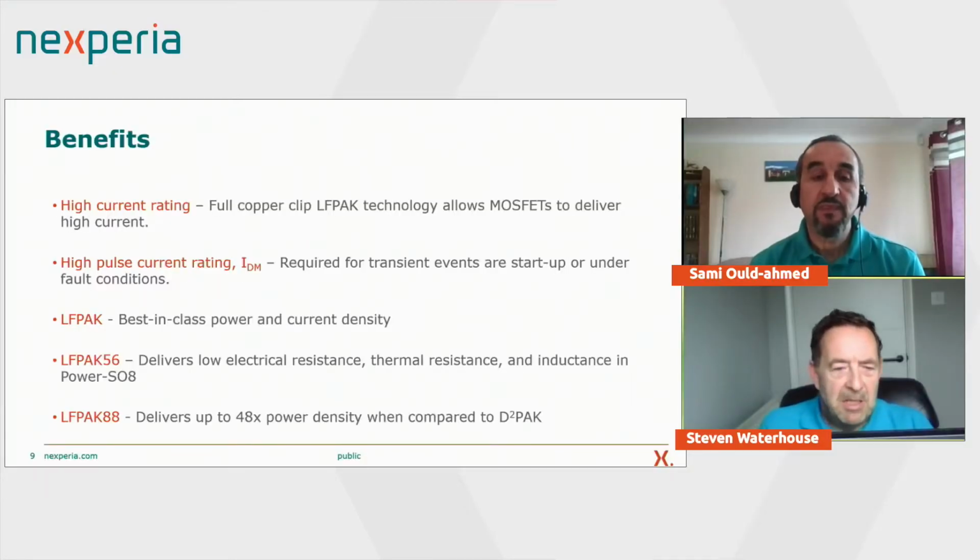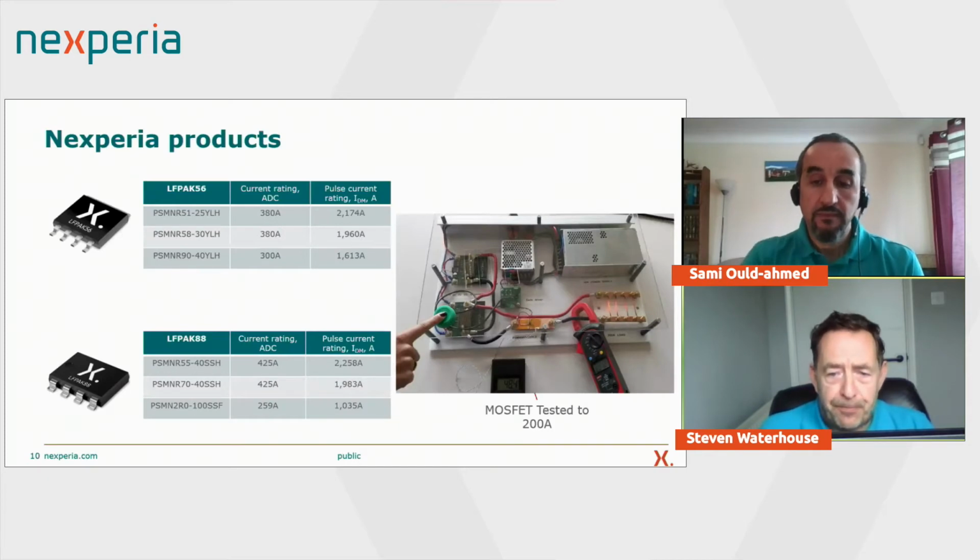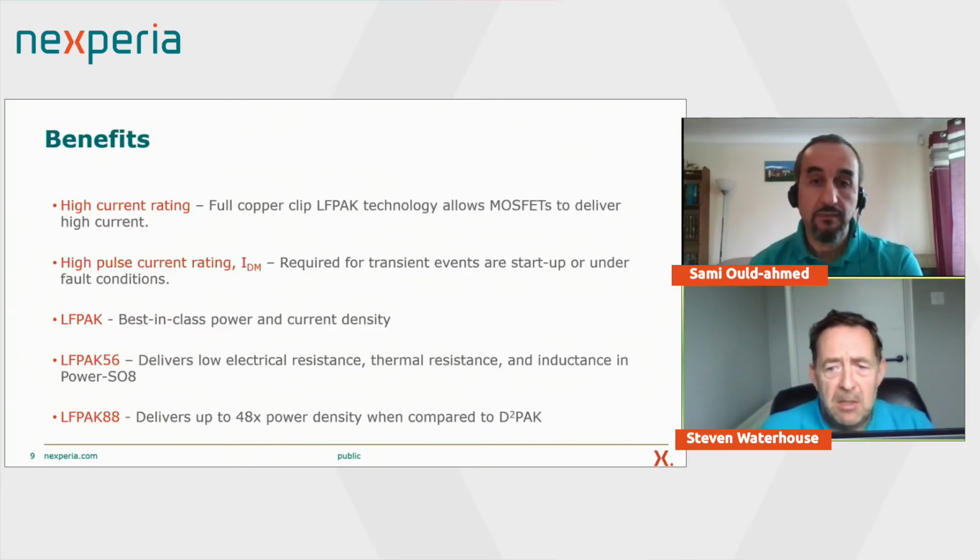Okay, thanks, Sammy. So it's clear from the previous couple of slides that we rely on that full copper clip LFPAK technology that allows us to deliver this maximum current. Let me go back to the previous slide. So we talk about maximum current, but this is a current that we're happy to put on our data sheets.